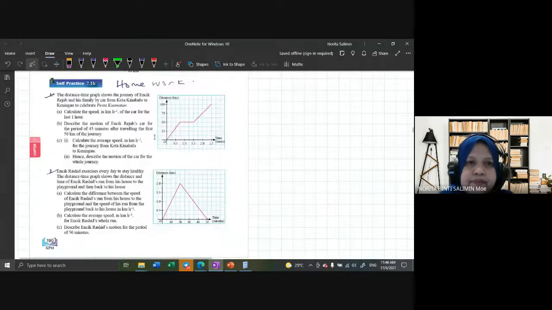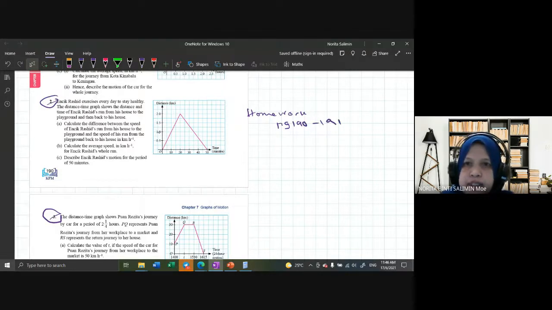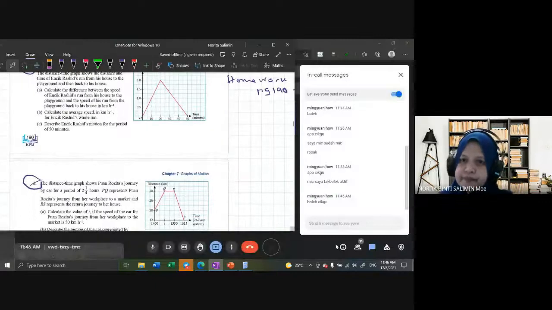Boleh? Okay, sekarang awak guna buku berapa? Homework page 190 to 191. Buku berapa semalam?